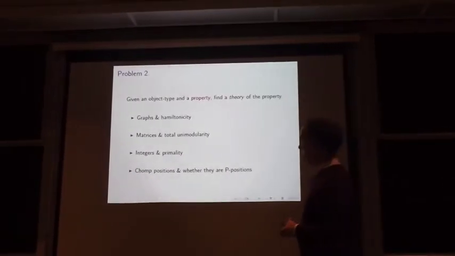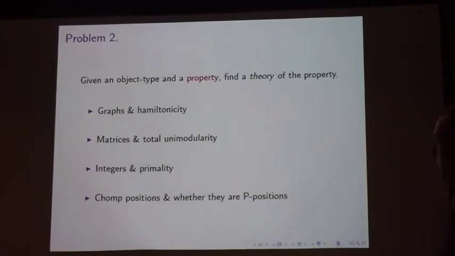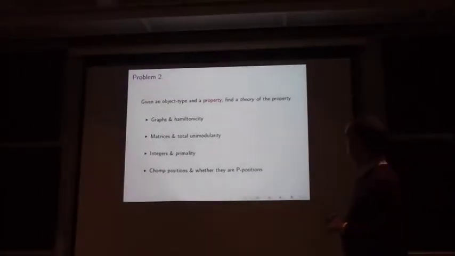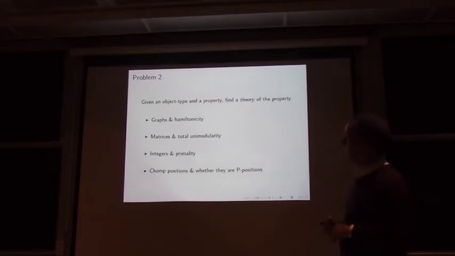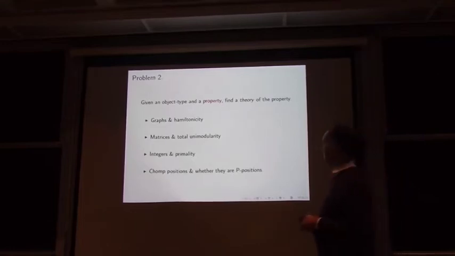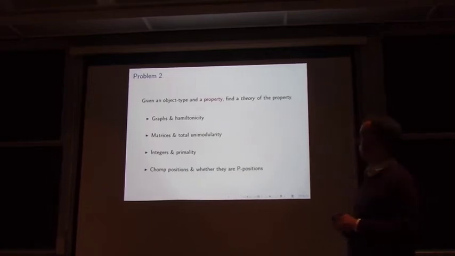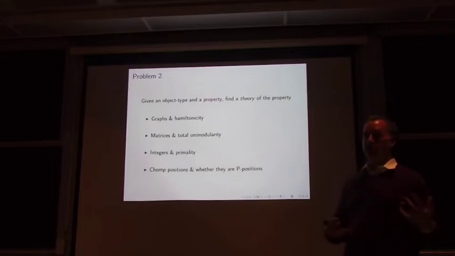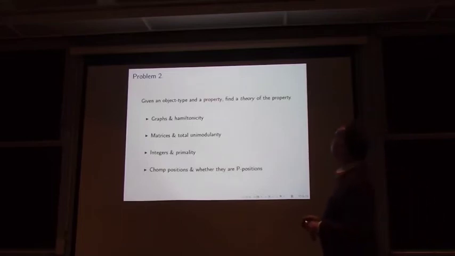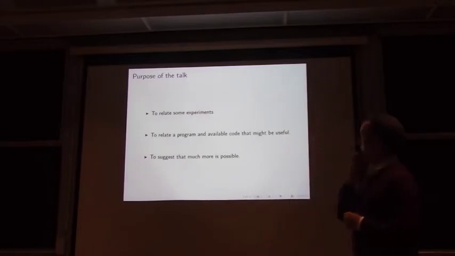So again, graphs, matrices, integers, and chomp positions are kinds of mathematical objects. For graphs, an associated property would be whether or not it has a Hamiltonian cycle. For a matrix, a property would be whether or not it's totally unimodular. For an integer, maybe you're investigating primality. And for chomp positions, you might want to know whether they're, in some sense, winning positions. Okay? So those are the kinds of problems that we've been working on.